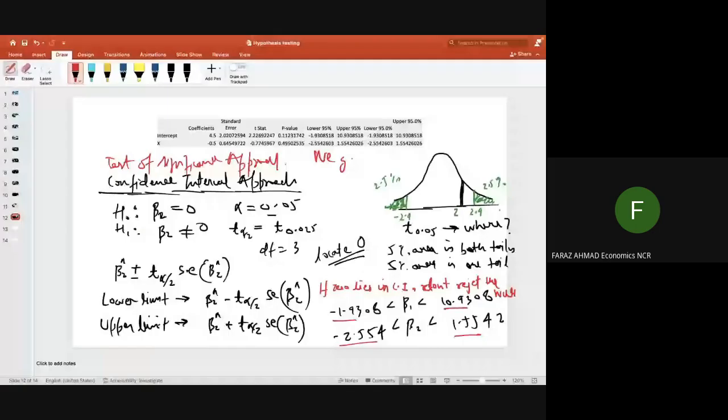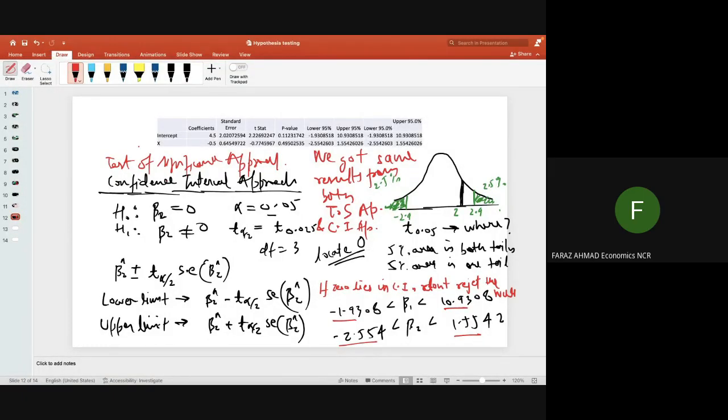So we got the same results from both the test of significance approach and the confidence interval approach, and we will always get the same result whichever approach we use, right? So just have a good reading of these things which we discussed.